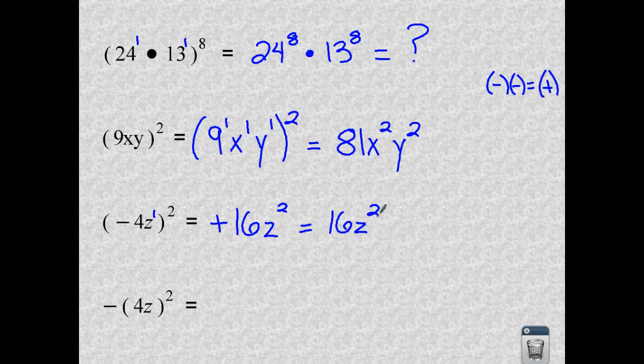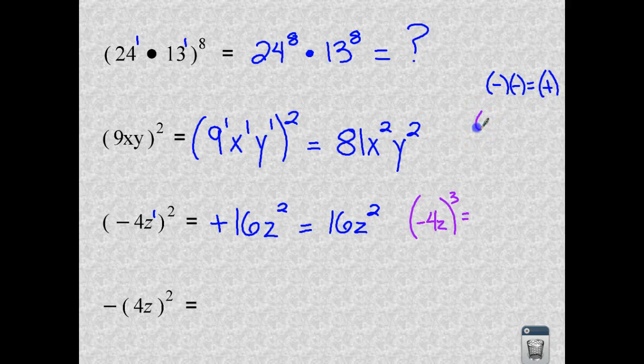Now, if this was to the third power, it would be a negative times a negative times a negative, in which case that answer right here would change to negative 16z to the second. Why don't I show you that? So if it was negative 4z to the third, everything would be raised to the third power.